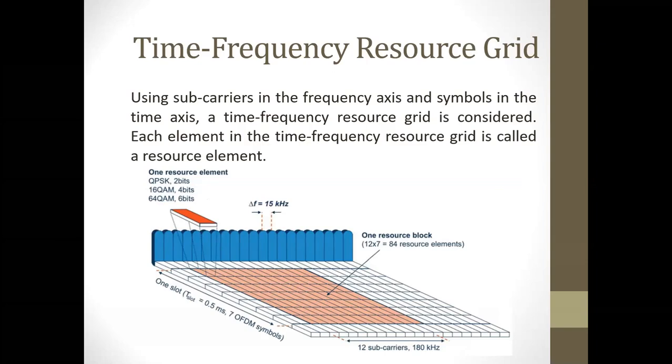You're downloading something. The network will tell you that these resource blocks are carrying data for you. So you will be given, say, over this slot period, some of the resource blocks.